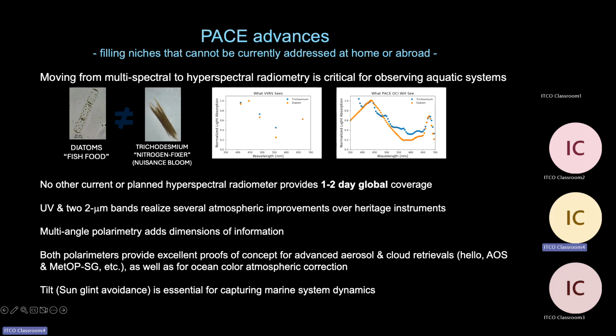So you assume that in the open ocean, near infrared, any contribution you're seeing from the satellite is from the atmosphere, and that sort of forms the basis of our atmospheric correction. But when you get into the optically complex waters, that's not true anymore. You get a non-zero near infrared signal. So you have to come up with other ways to do atmospheric correction. One of them is to go even further out past the near infrared into the shortwave infrared.